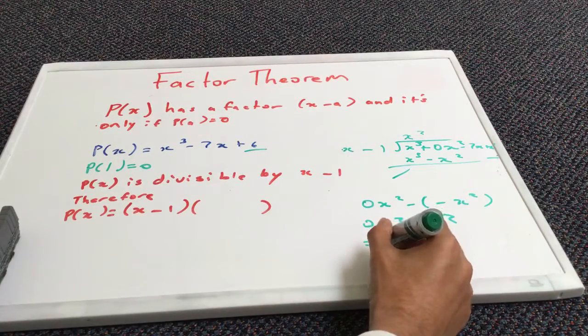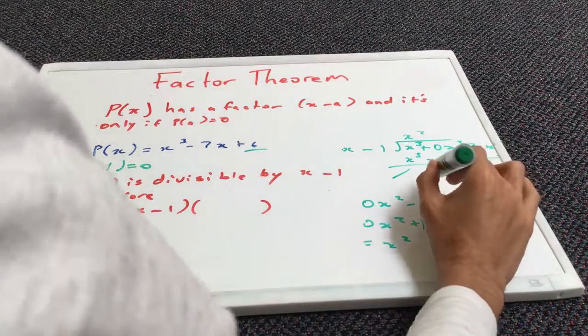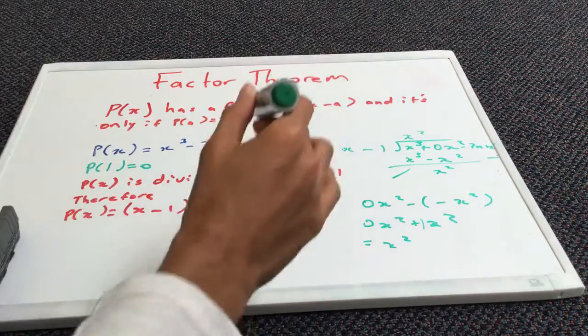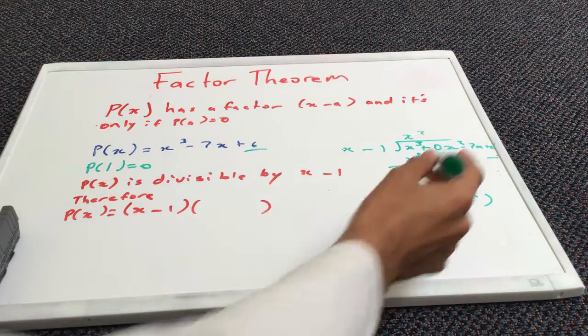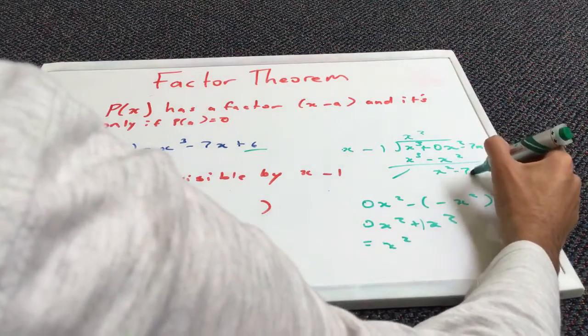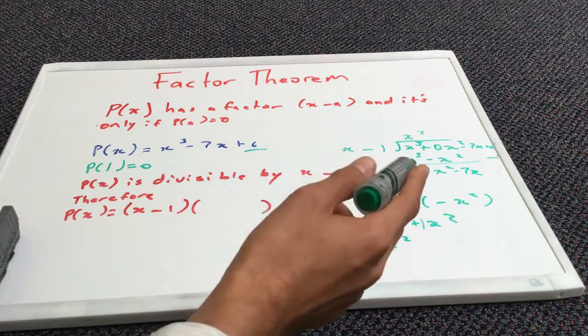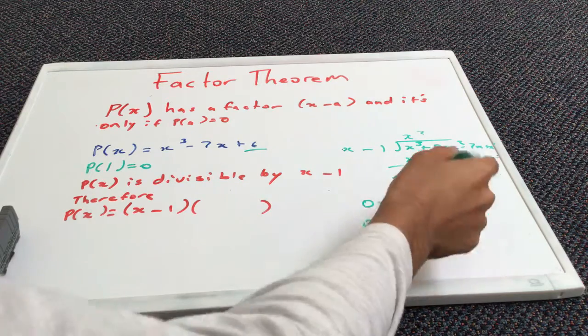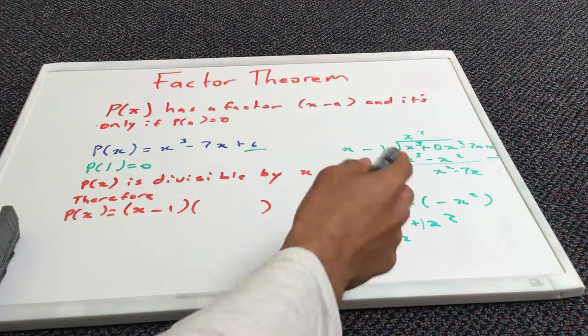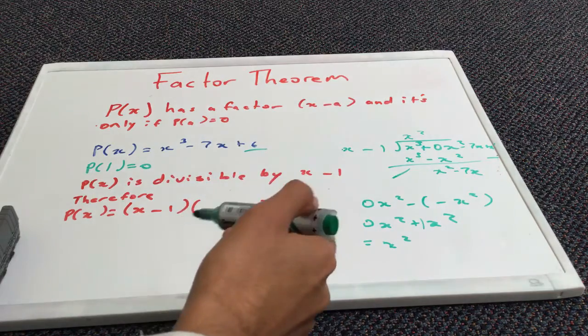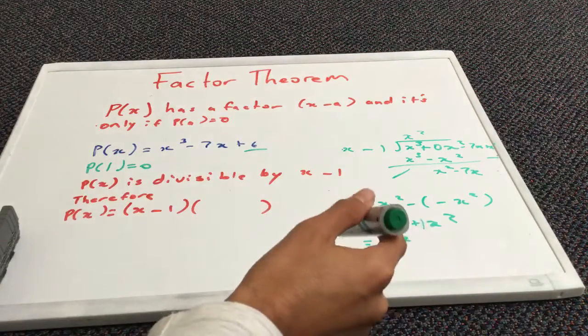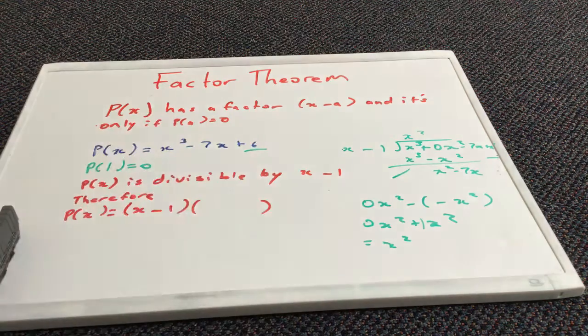So you should get a result of x squared. I would like to write it here, x squared. And now you just put down the minus 7x. You do not need to put down the plus 6 yet, because it's already possible to divide by x minus 1. So now, x squared minus 7x divided by x minus 1.